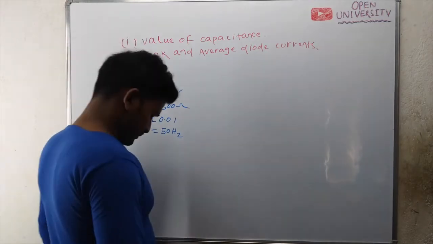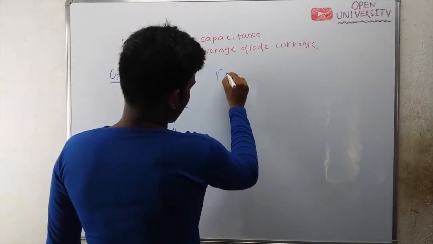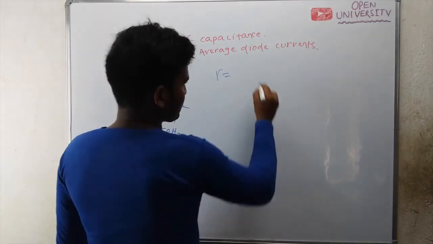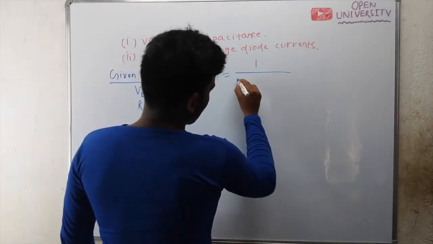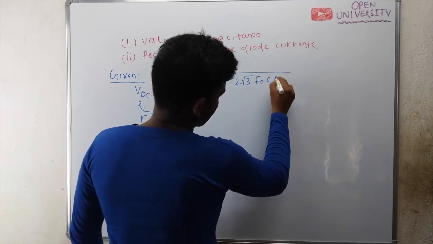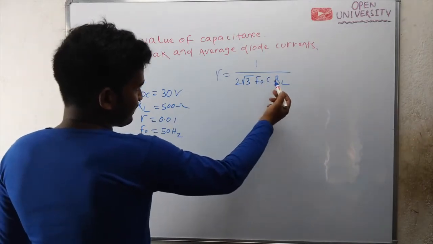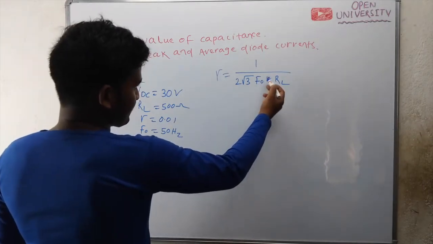So, how to get the value of capacitance? What is the formula for the ripple factor of a half wave rectifier with capacitor filter? The formula is R equal to 1 by 2 root 3 into F naught C into RL. F naught, R and RL are given, and C is asked.